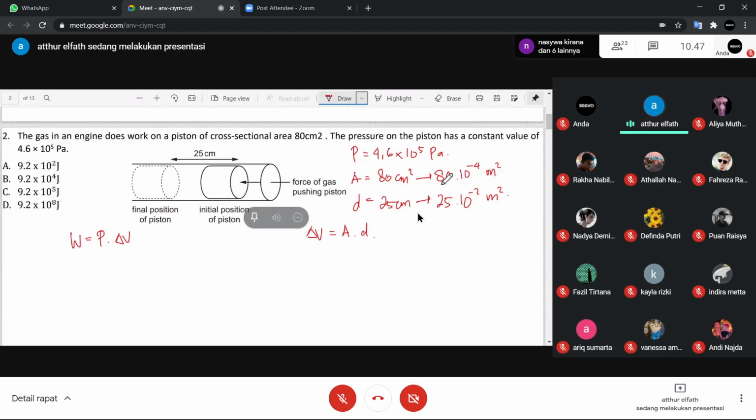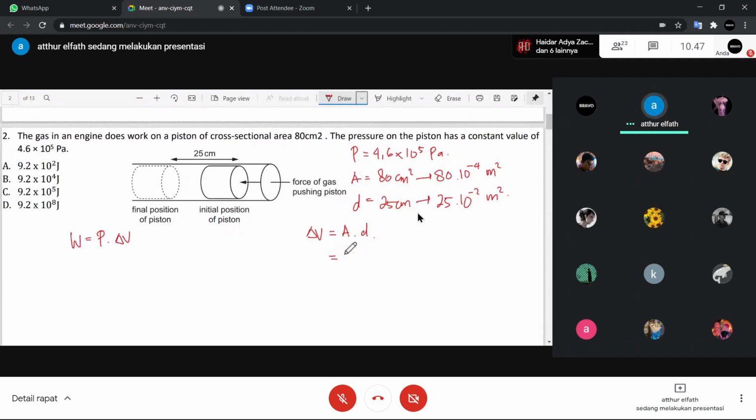Firstly, the cross-sectional area is 80 times 10 minus 4, and if you calculate this number, you will obtain the result of 2000 times 10 minus 6.